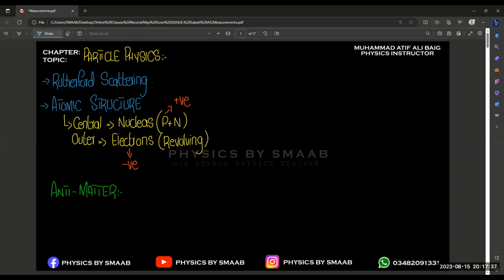Okay. And you already mentioned that each matter has antimatter, so all matter particles have antimatter, right? So basically, if we want to write for the antimatter, we can simply write: antimatter are the particles.